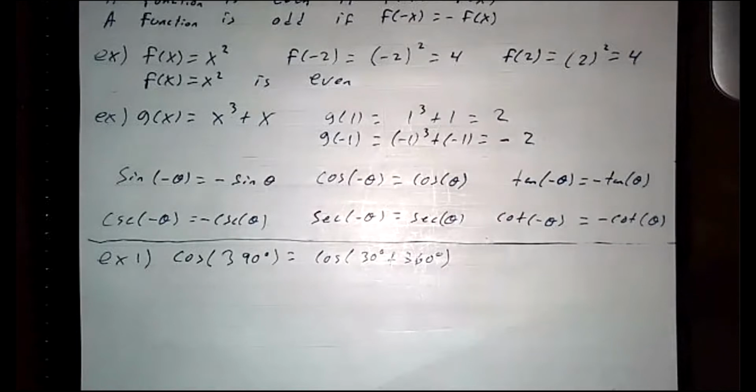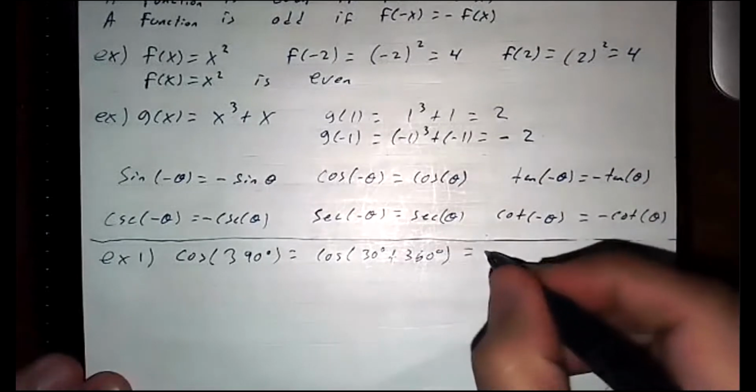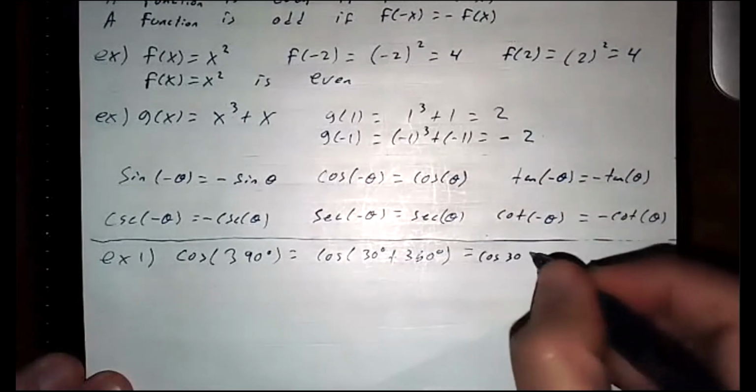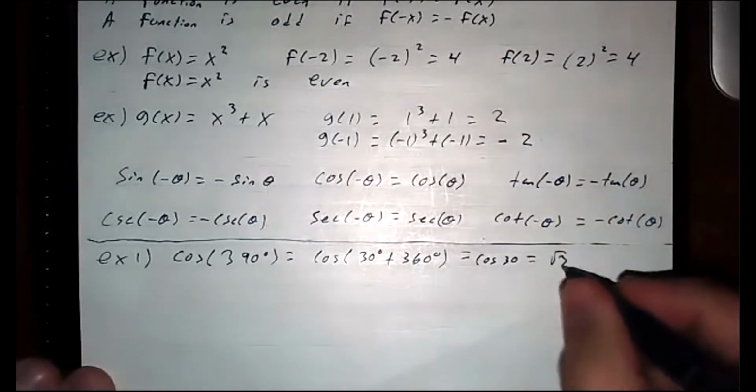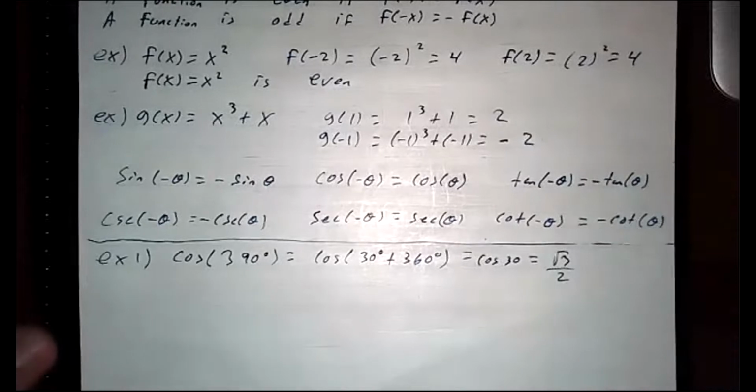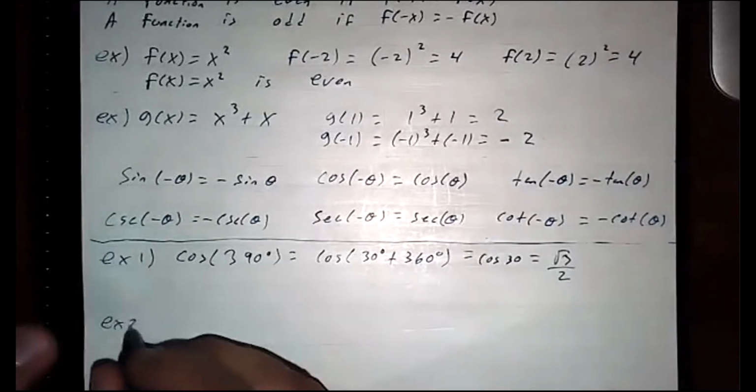So now looking at the cosine periodic property, that would mean that it's equal to cosine 30, right? Which is very similar to the coterminal idea. Does that make sense?